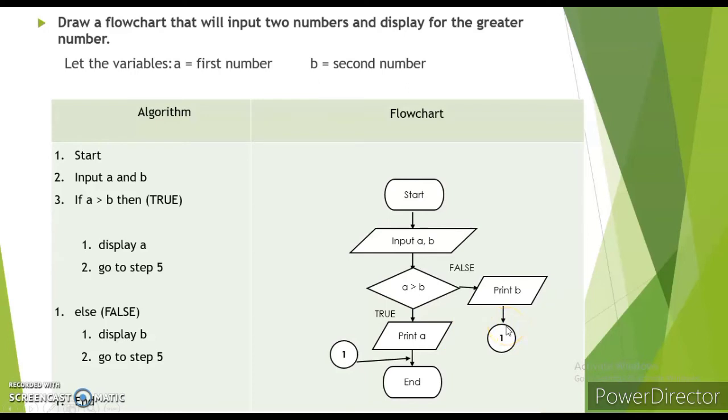So, ganyan lang. If we're going to, tawag dito, create a flowchart with decision making or decision process. Alright. Before the other example, I'll give you more example. Okay, so let's answer another thinking box here.